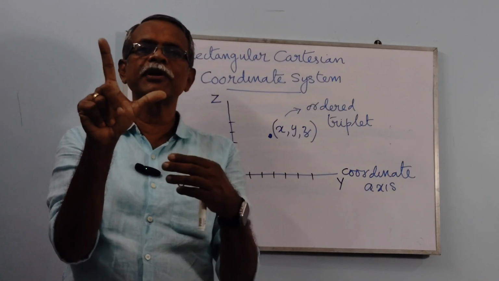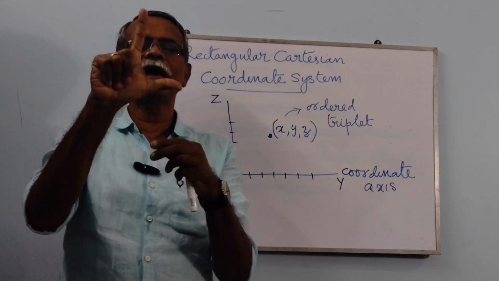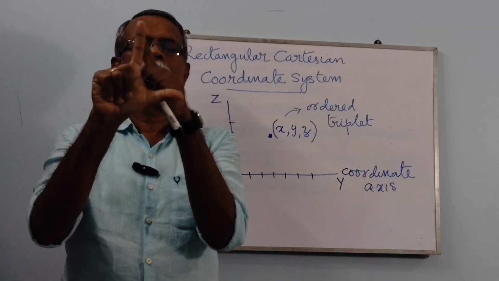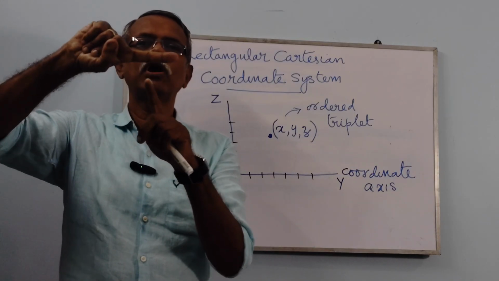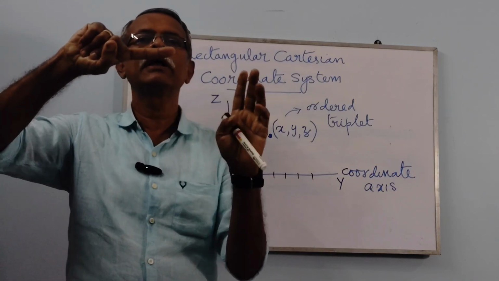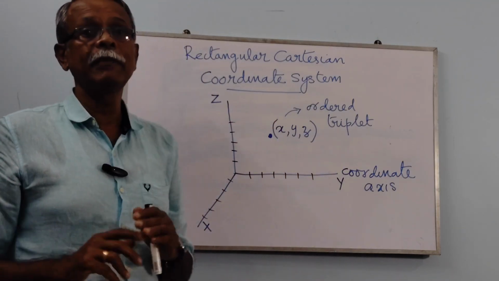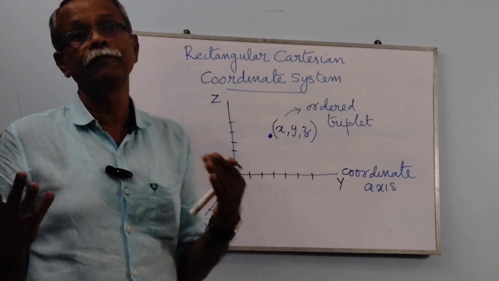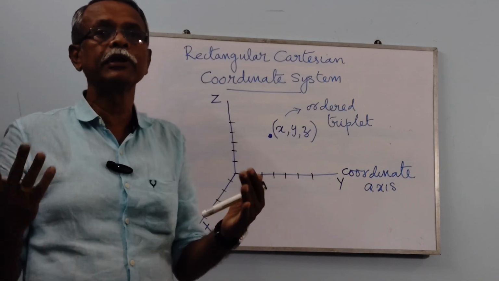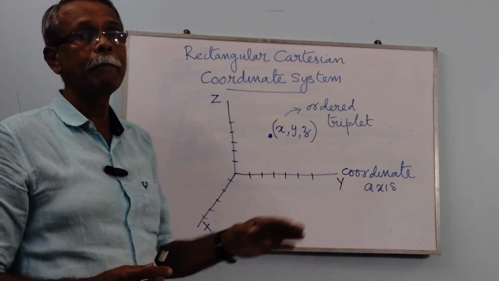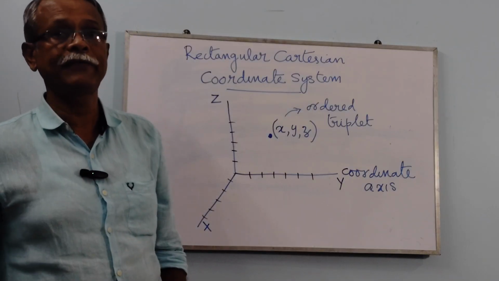If it is two dimensions, we take only two axes, one called x and one called y. If it is one dimension, we have only one axis, called x. We are representing this in three dimensions, which is the most general case. In advanced levels, you have to include higher coordinates also, but here we have a maximum of three coordinates.